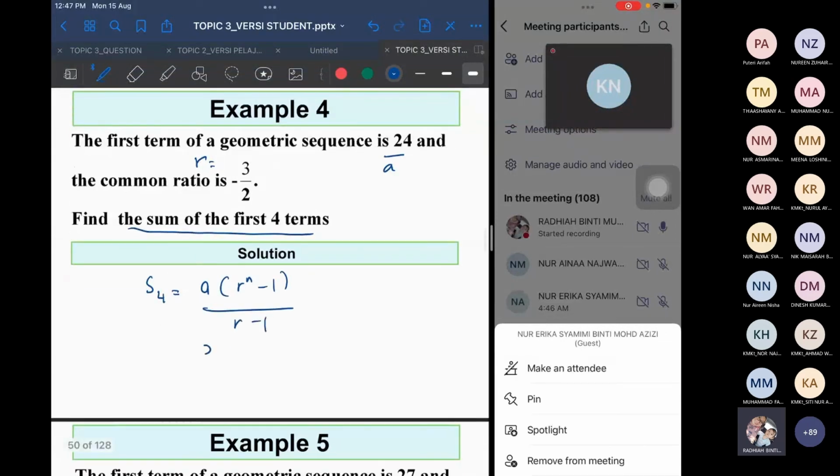So our A is 24. Our R is negative 3 over 2. Power 4 minus 1 divide by negative 3/2 tolak dengan 1.